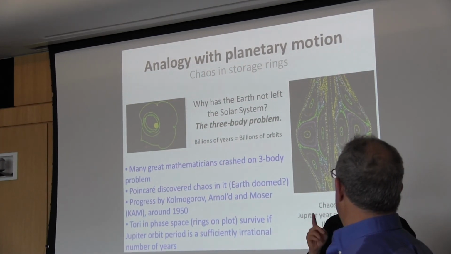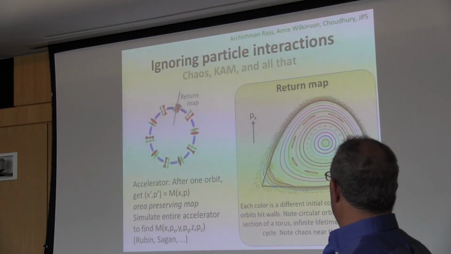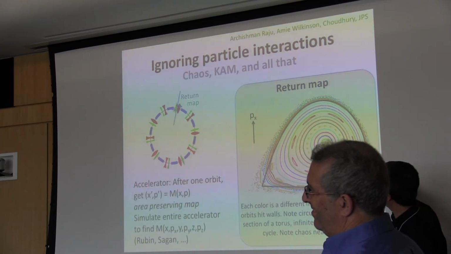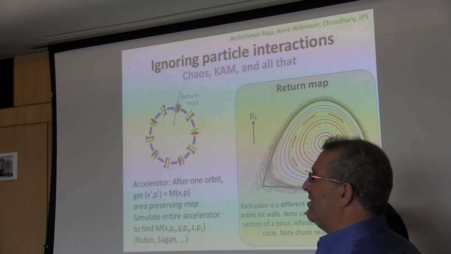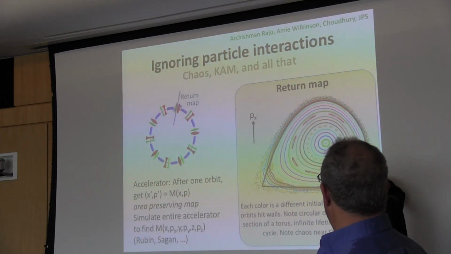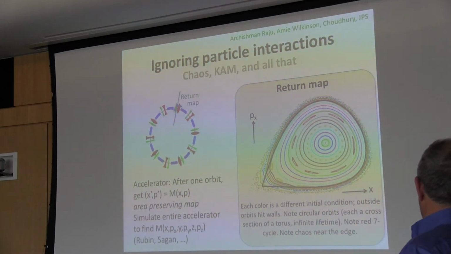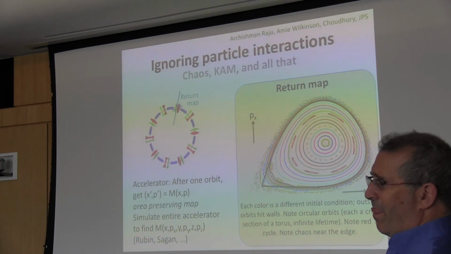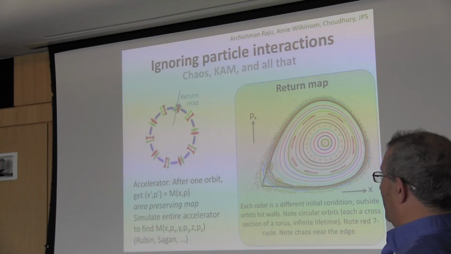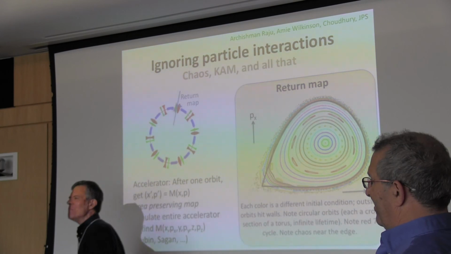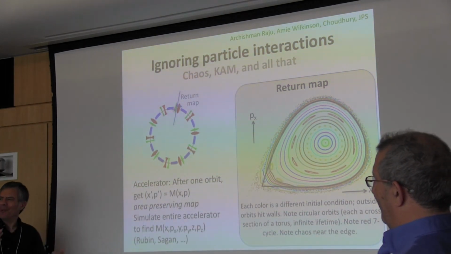But if you're in higher dimensions, in principle, each of these chaotic regions, because in a real map, there's not just px and x, but py and y. In a real map, it's thought that all these chaotic regions will eventually leak out via something called Arnold diffusion. And one of the things that Archishman and I are doing is ignoring that. And that gives us an immense advantage over all the people who really want to prove theorems.